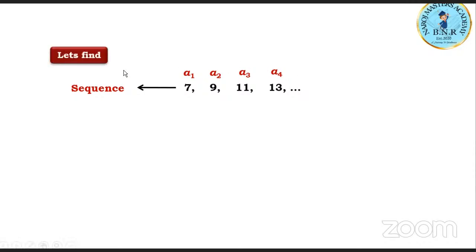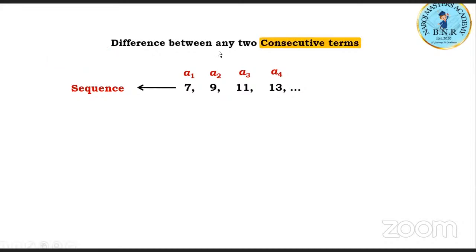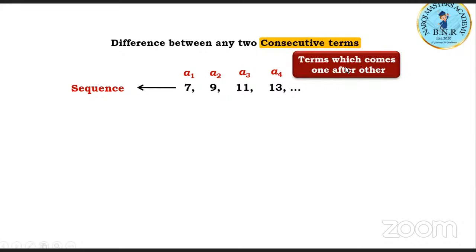Now you can see here, let's find the difference between any two consecutive numbers. Consecutive means what? The terms which come one after the other. If this is the first term, then what is the next number? 9. Next number, not the number before. 13. So these two are consecutive.